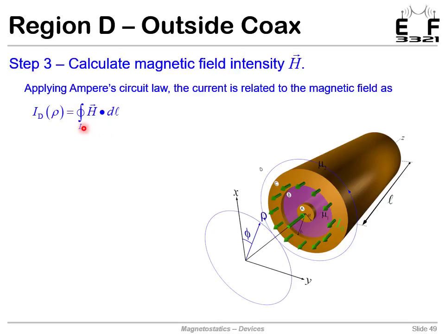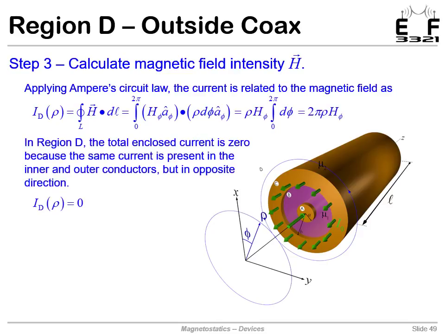And so when we do our line integral of the magnetic field using the same steps we've done before, we end up with 2 pi rho H phi, and all that just ends up equaling 0 because there's no total enclosed current. And so what that tells us is the magnetic field outside of the coax is 0. I know I went quickly, but that's because we did this in a previous example, and it's a rather simple argument. So no magnetic field outside of the coaxial cable.